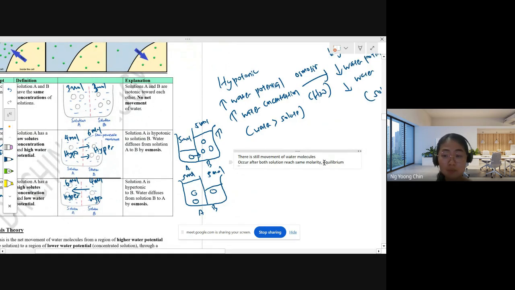There is still movement of water molecules, just that there is no net movement of water molecules.